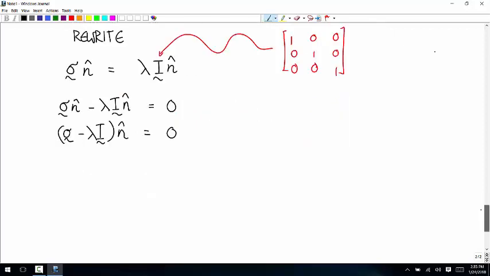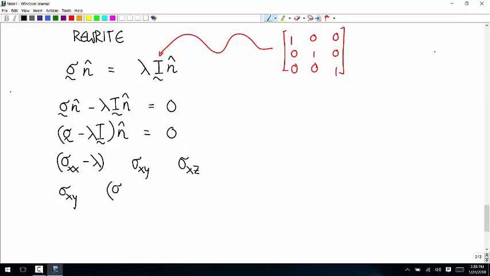And now if I expand that, this comes out to be sigma xx minus lambda for the first element, then sigma xy, sigma xz, sigma xy.